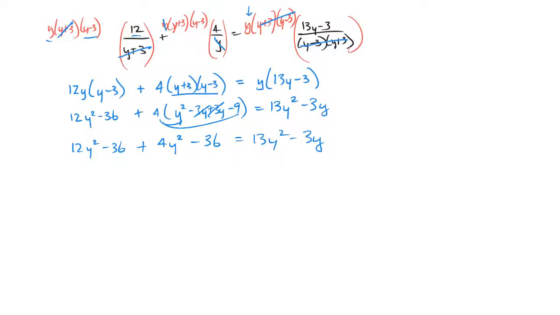It's a quadratic, so I'll bring everything over to the left side. So I have 12 plus 4, 16, and then this one comes over, so I'll subtract. So 16 minus 13 is 3y squared. Okay, y squareds are done. Now y's. Oh, I forgot a y right there.